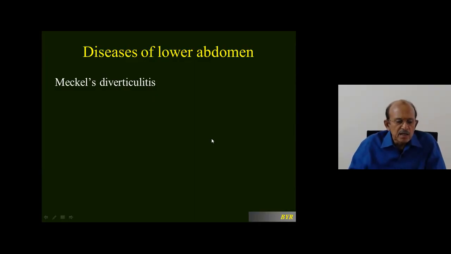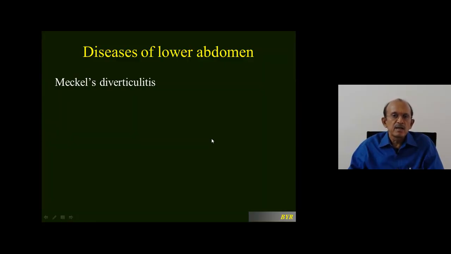No, Meckel's diverticulitis itself will produce acute pain without intussusception. It is just inflammation. Inflammation itself can cause acute pain. Because Meckel's diverticulum also is just like a diverticulum like the appendix. It is also a midgut structure. So Meckel's diverticulitis also will produce pain in the umbilical region.